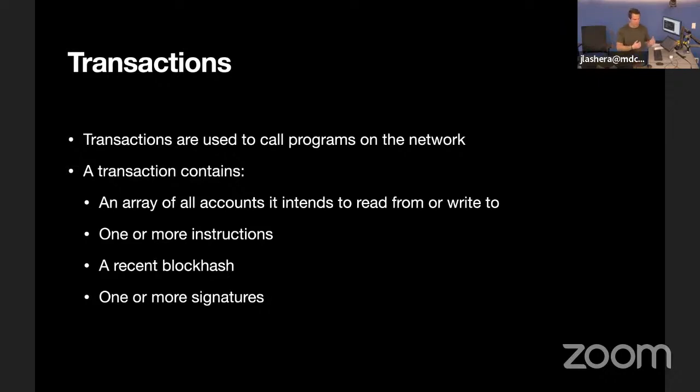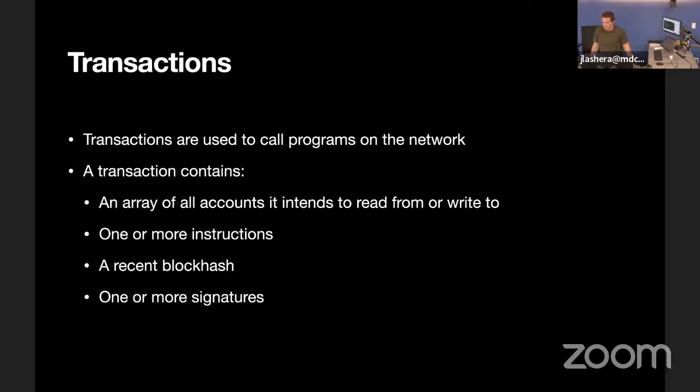So basically, every time you submit a transaction, you include an array of all the accounts that you're going to read from and write to, so that the network can intelligently say, these two transactions can't be run at the same time, because we'll have race conditions where they're writing to the same account, whereas these X number of transactions can run at the same time, because they're accessing different accounts and we're not going to run into an issue.